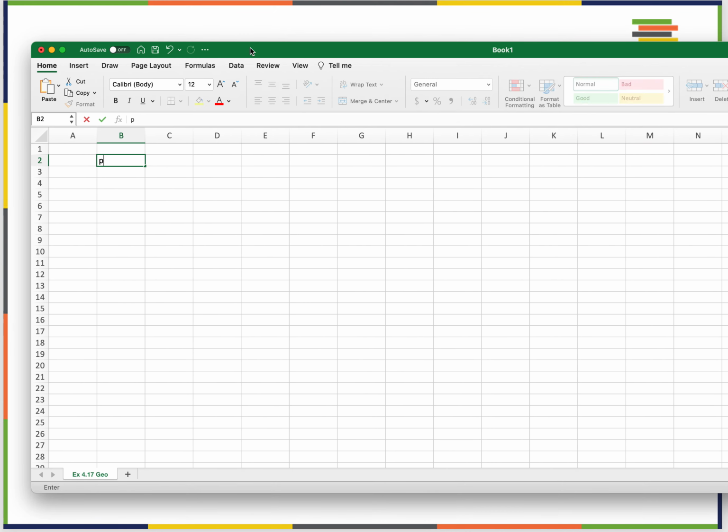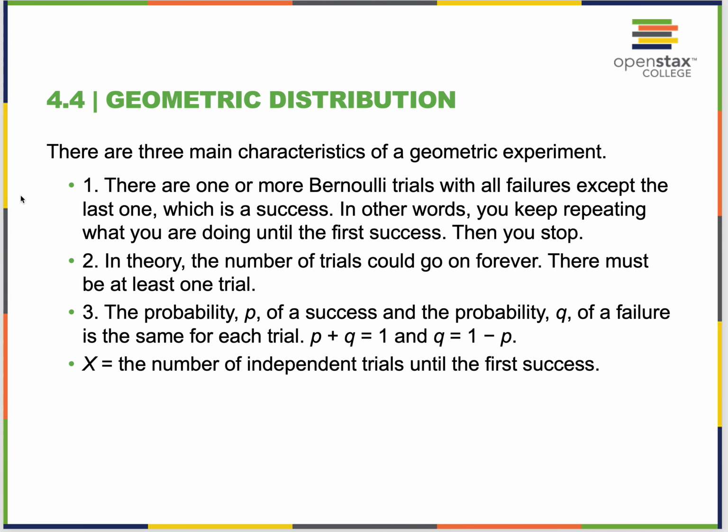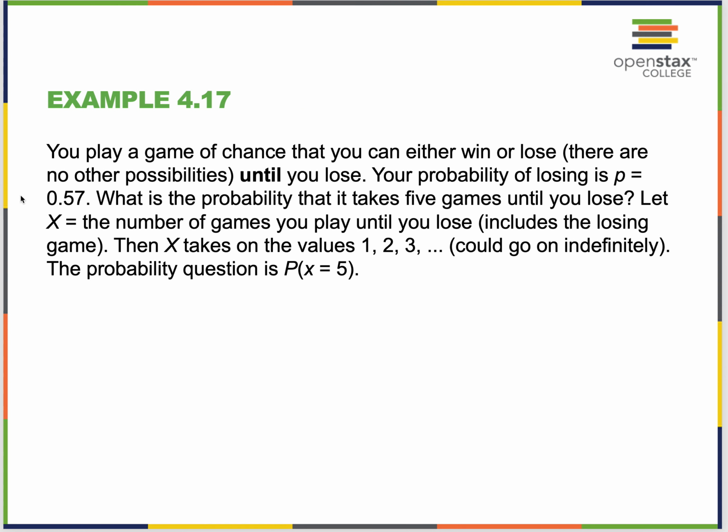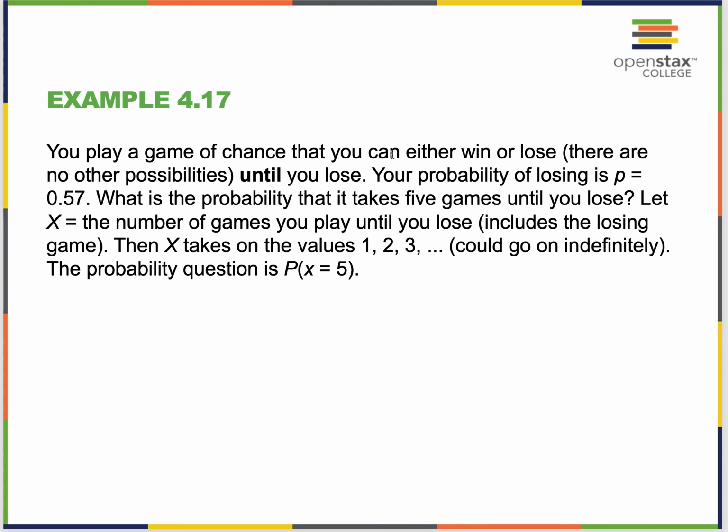It's not really a probability of success. The probability that we're actually looking for is 0.57. There is no other parameter in this distribution. If you go here, there's no other parameter. The distribution is just X is GP. It's only the probability, because it could go on infinitely. There's no N in this. So the probability is losing.